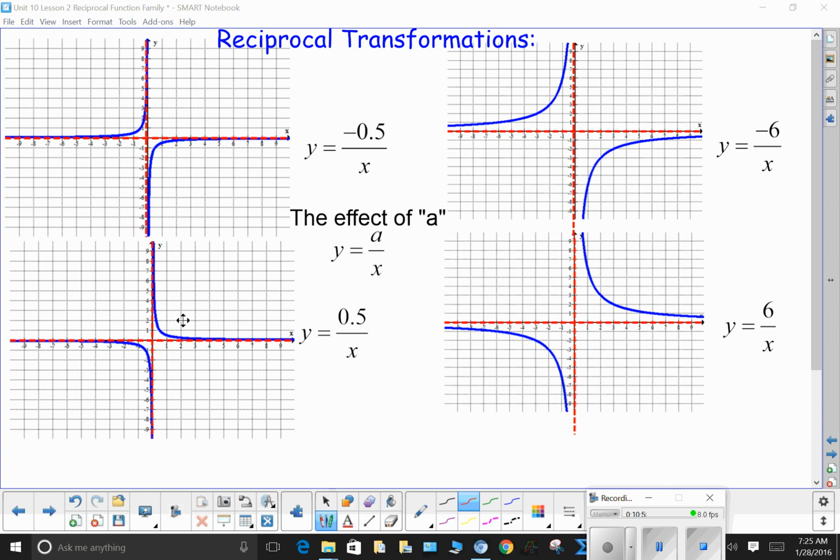Positive, first and third. Notice too that the smaller A is, the tighter the curve gets. It's compressed into the asymptotes. The larger A is, the absolute value of A, the more it pulls away from the asymptotes at that center. So it's stretched vertically.